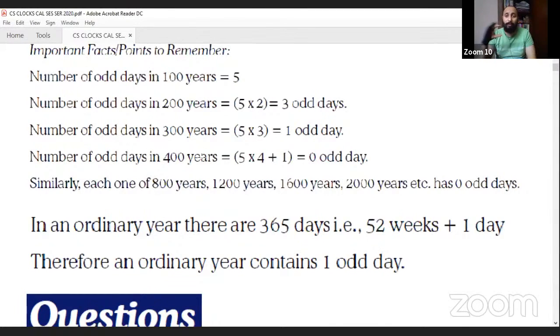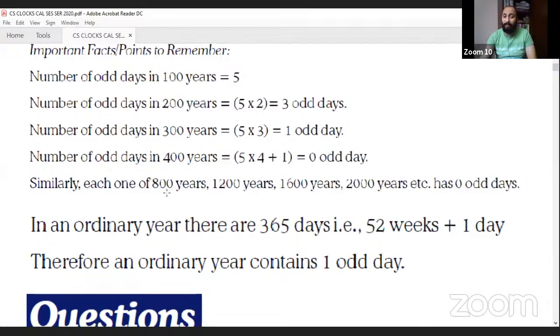It will be a full complete week. Every 400 years, if you start from Sunday, it will end on Saturday. It completes the full week and shuts down the 400th year.